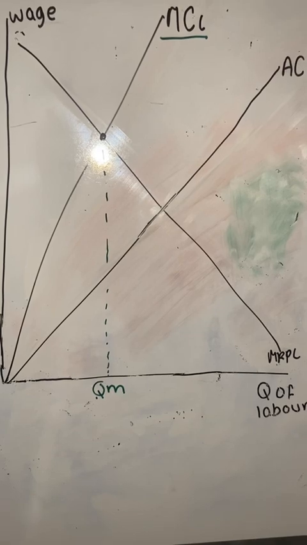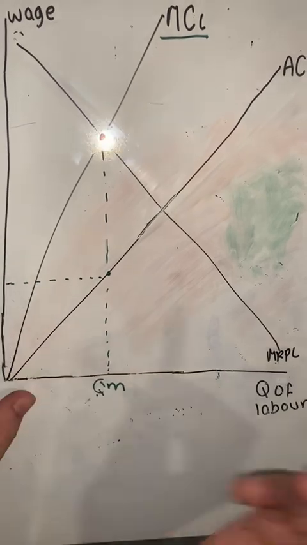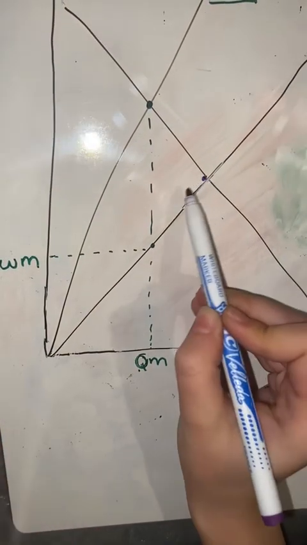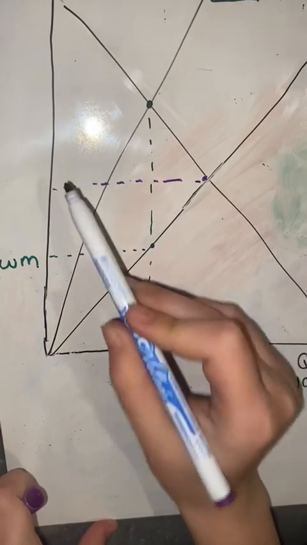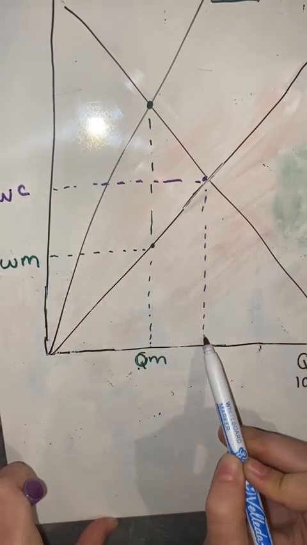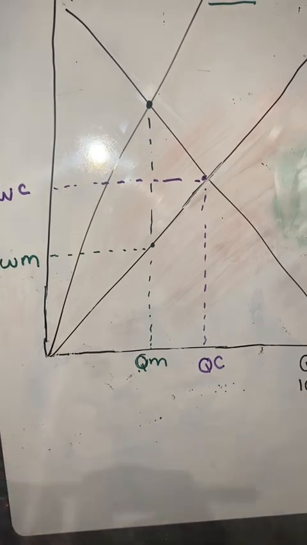So they do this where your average cost equals your wage. However, in a perfectly competitive market, supply equals demand. There are many small buyers and sellers. So your wage is going to be where your MRPL meets the average cost of labour.